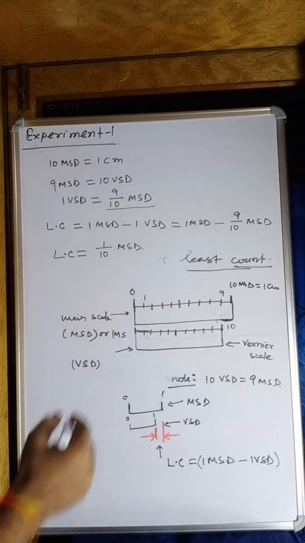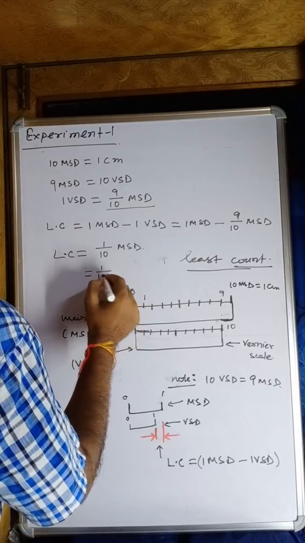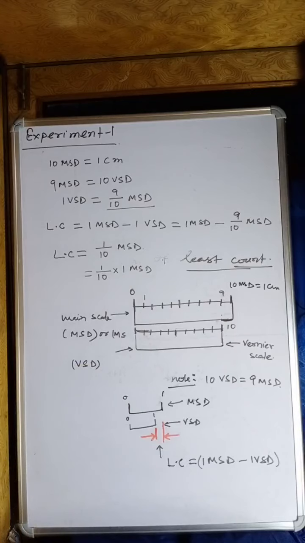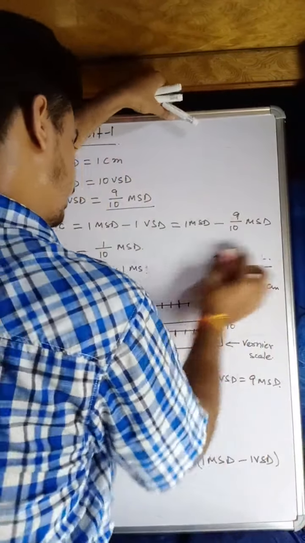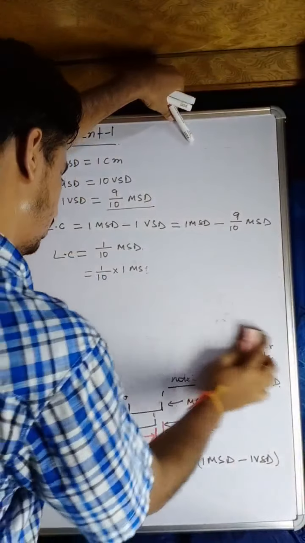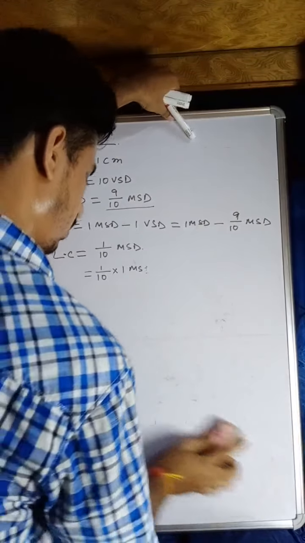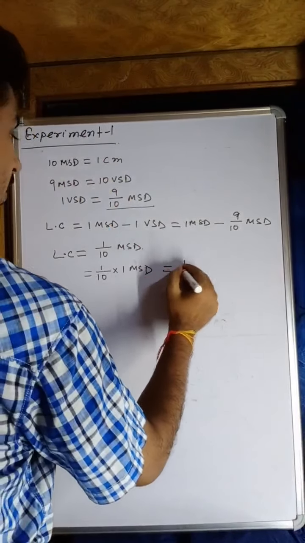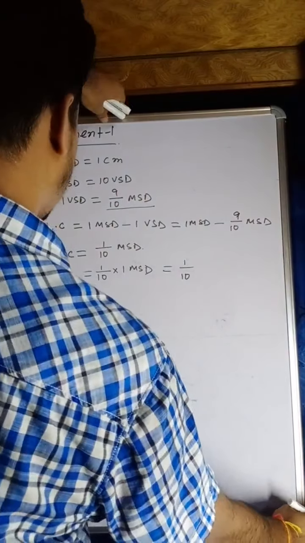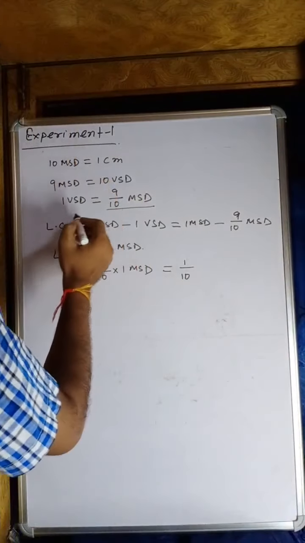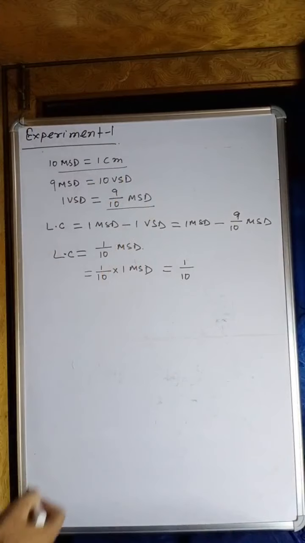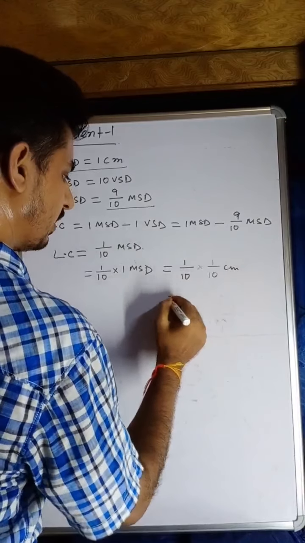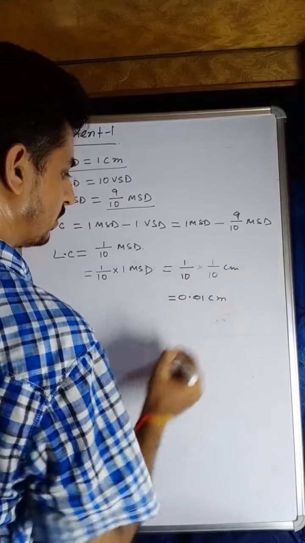But this can also be written as 1 by 10 into 1 main scale division, and 1 main scale division equals how much? It is 1 by 10 centimeter, that is 0.01 centimeter.